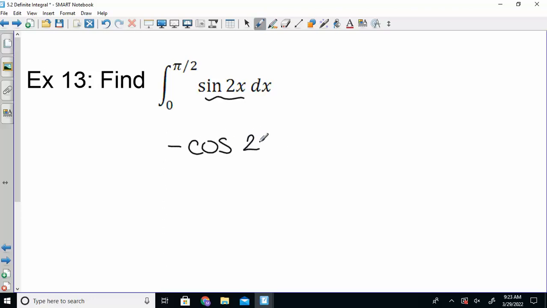Negative cosine. When you did the derivative of that, the angle wouldn't change. But because the angle isn't just x, you'd have to multiply by the derivative of the inside, which is 2. So what do I need to cancel this? A 1/2. So I need a negative 1/2 cosine 2x from 0 to pi over 2.